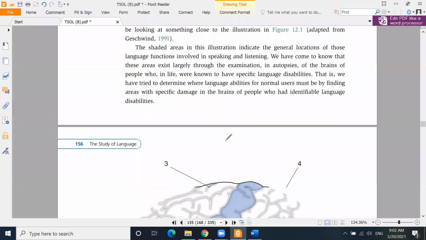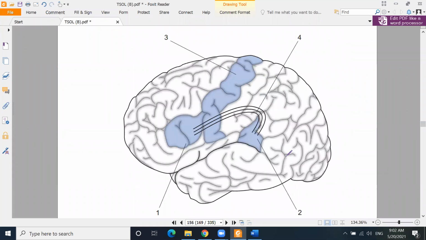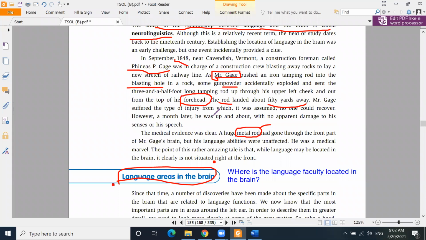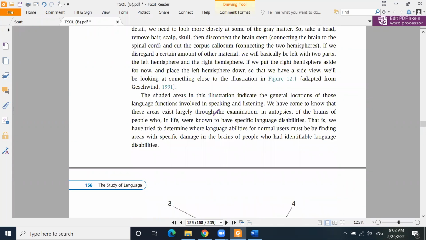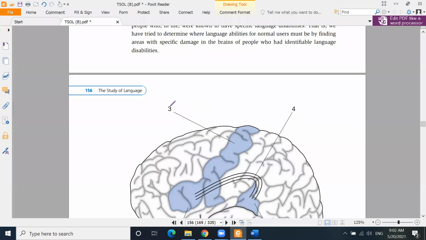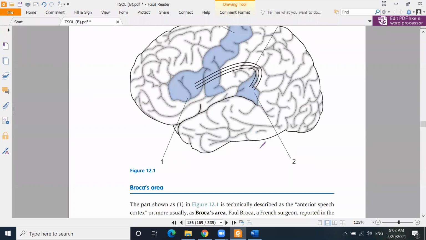Okay, here is the language faculty. Where did it go? Yeah, you see this is the brain, right? So we have got these four parts: 3, 4, 1 and 2, right? One is the Broca's area, then we have got the Wernicke's area, then the arcuate fasciculus, and the last one is the motor cortex.